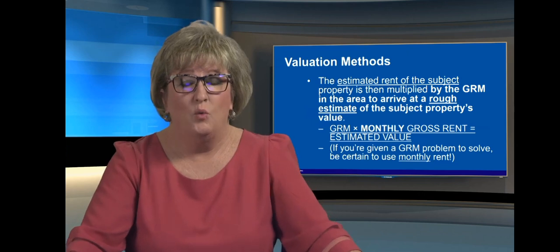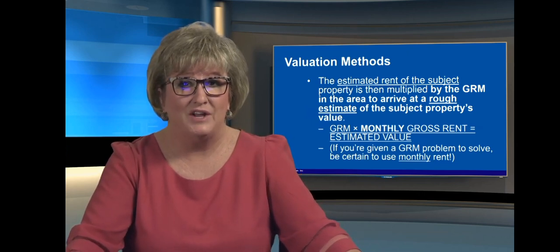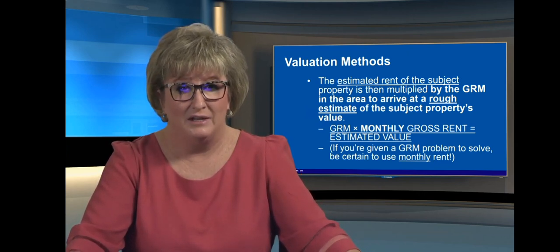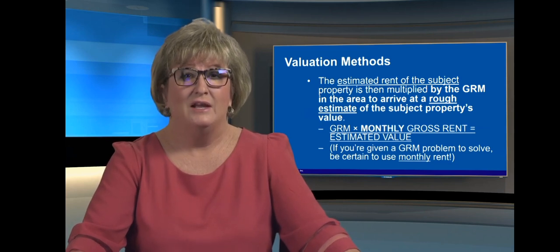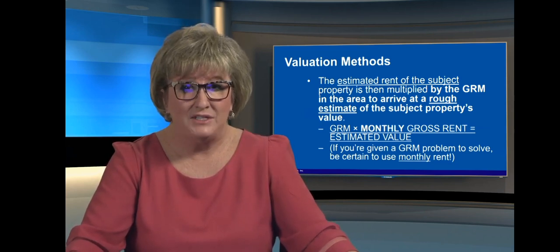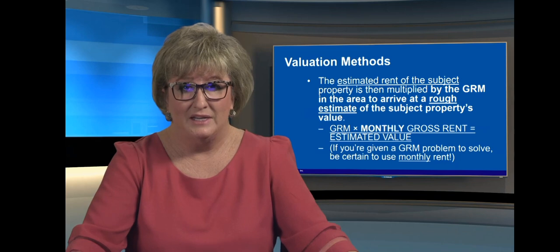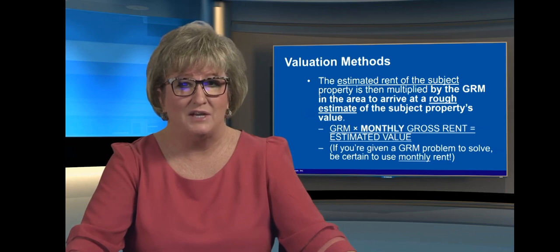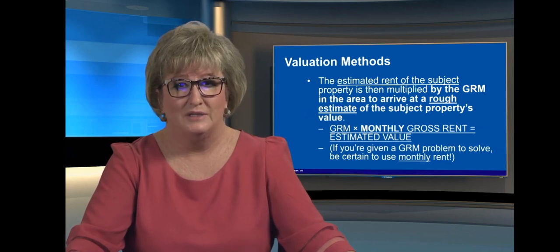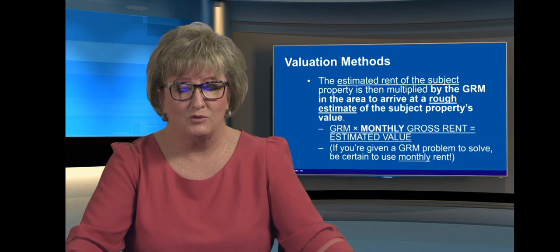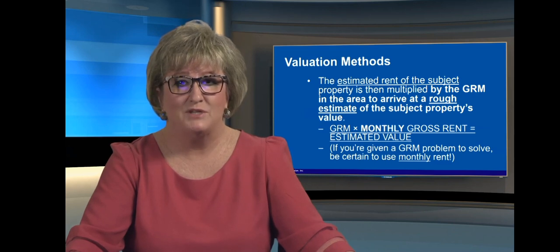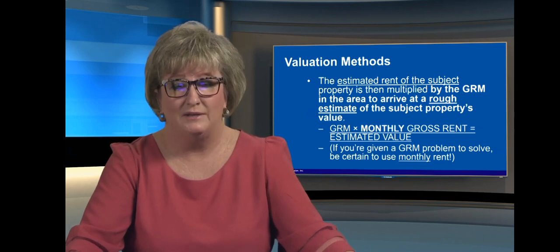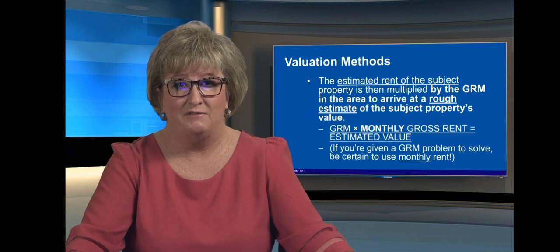Once the appraiser has determined the GRM of the area, then the estimated rent of the subject property is multiplied by the GRM in the area to arrive at a rough estimate of the subject property's value. GRM, gross rent multiplier, times monthly gross rent equals estimated value.